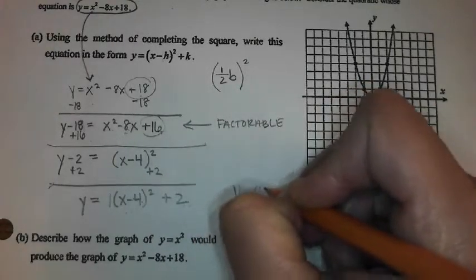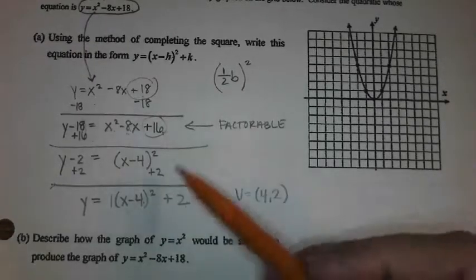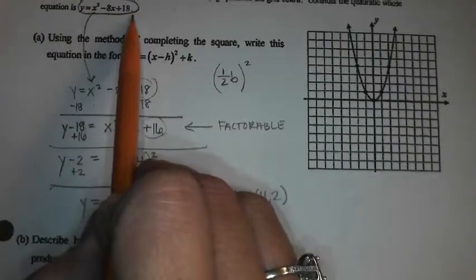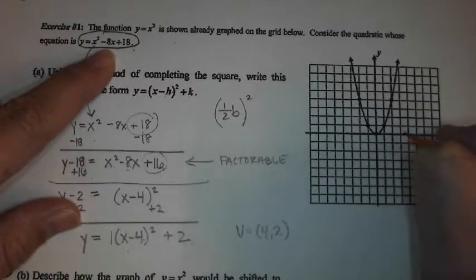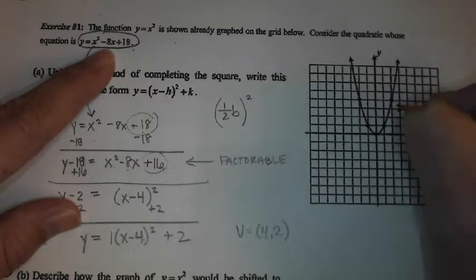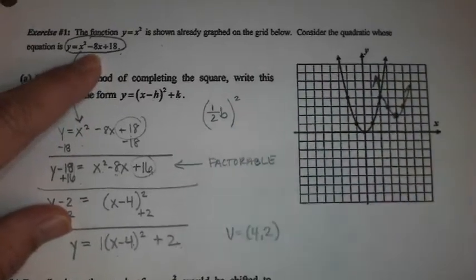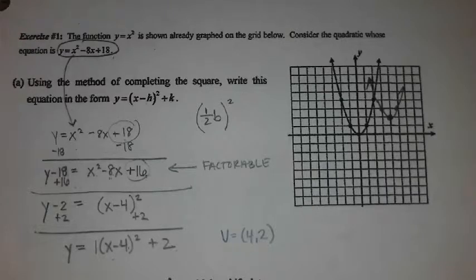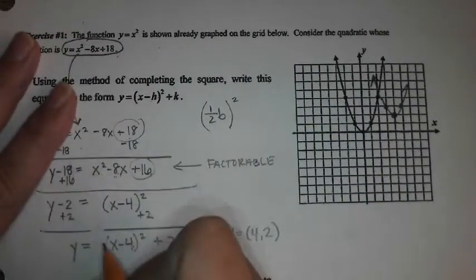Vertex equals 4, 2. So if we were to graph this parabola, we would put its vertex at 4, 2. 1, 2, 3, 4, 2. And then it opens up. So just a quick sketch there. Any questions?